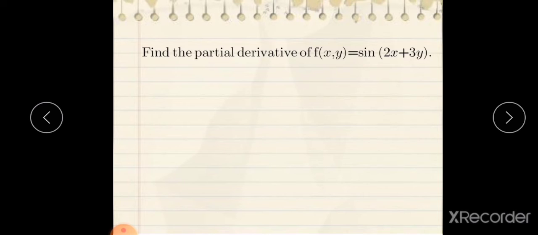So now we have another example. Example number 2. Find the partial derivatives of f of x and y equals sine of 2x plus 3y. Solution.